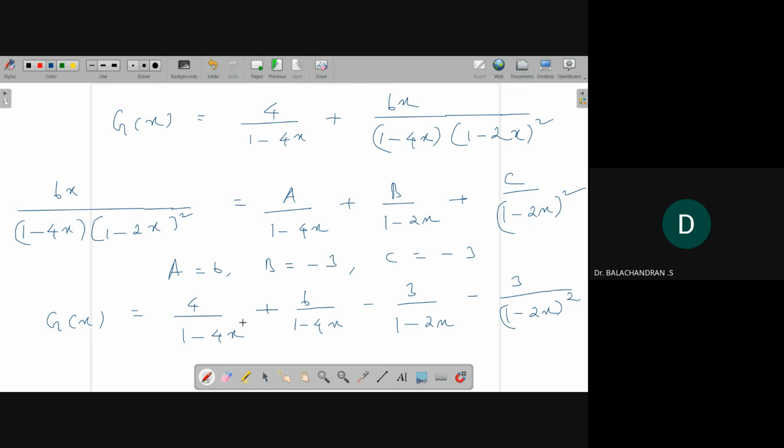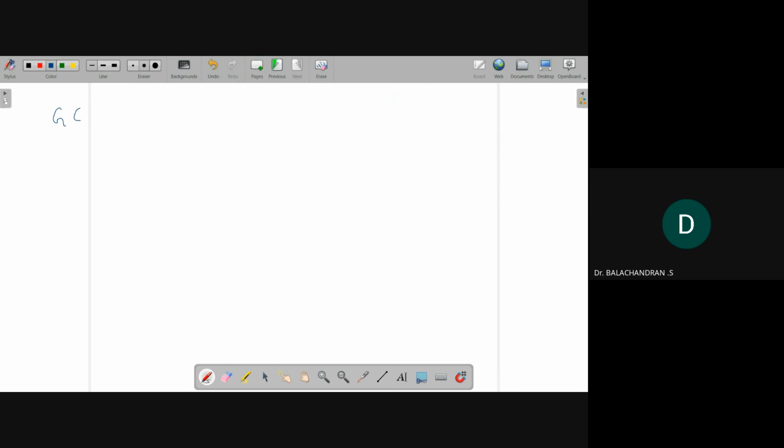So now totally this is 10 by 1 minus 4x, minus 3 by 1 minus 2x, minus 3 by 1 minus 2x whole square.